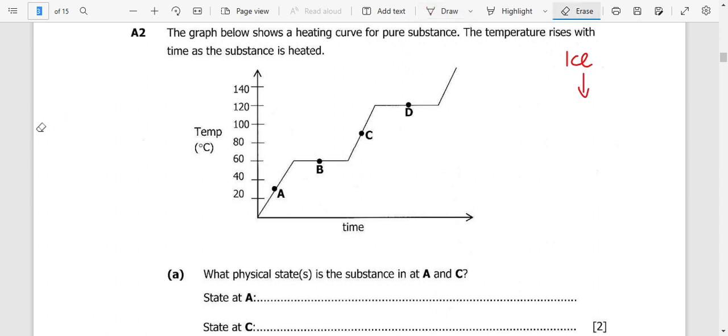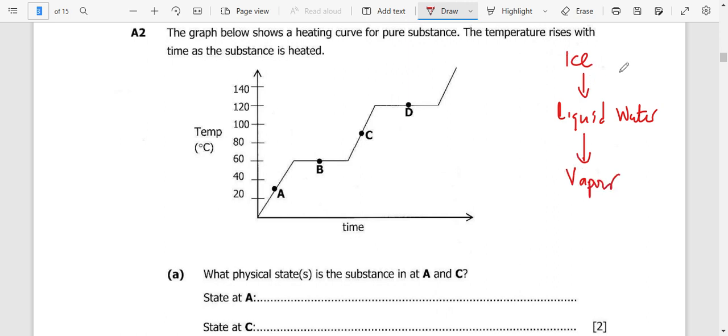Liquid. Liquid water. Because ice is water, isn't it? Solid ice. And then when you continue heating the liquid, what are you going to have? Gas, which is a vapor, isn't it?